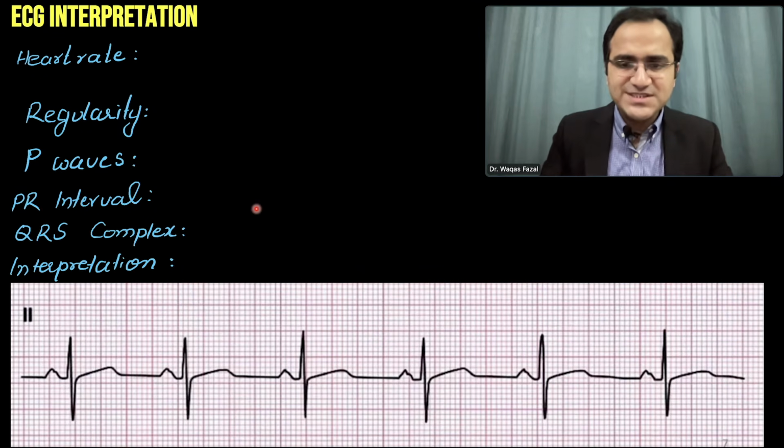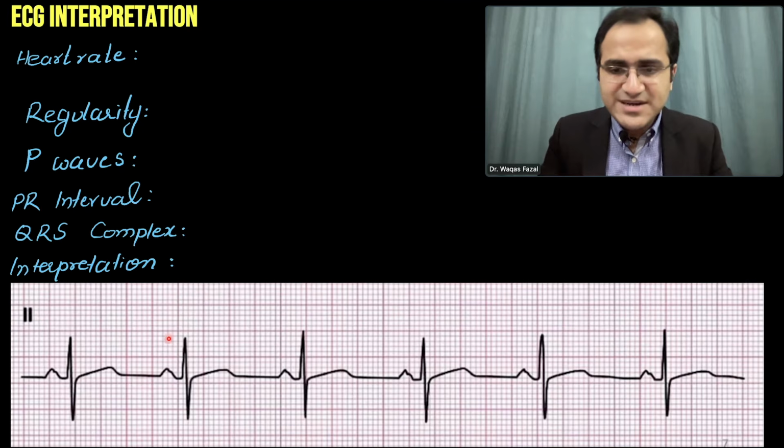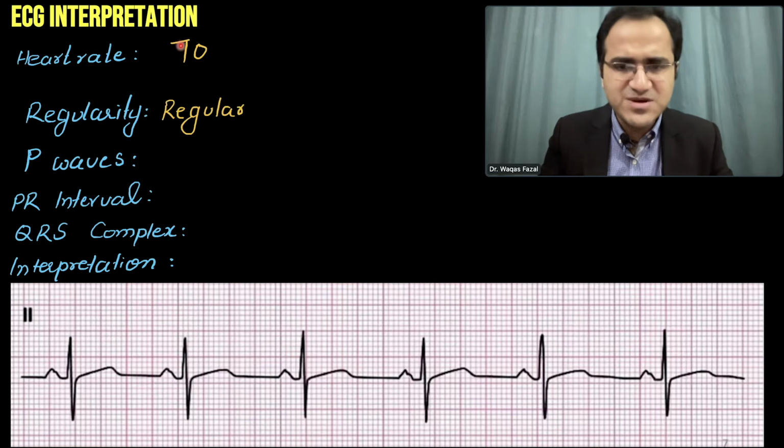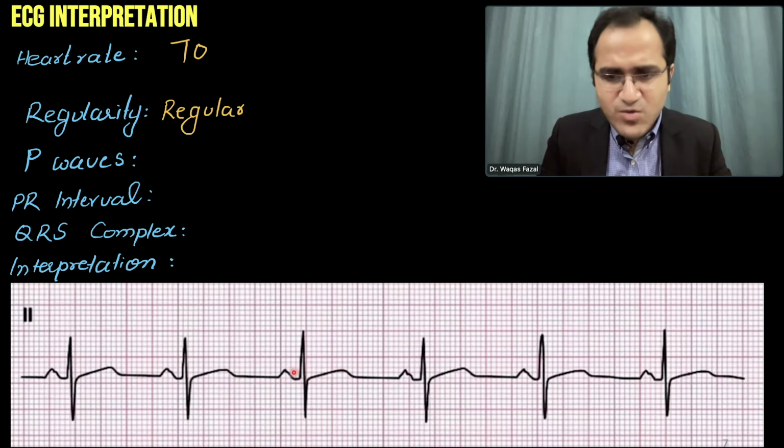Now let's solve this ECG. If you calculate the heart rate in this ECG, we have 1, 2, 3, 4, slightly more than 4. So the heart rate is 70 beats per minute and it is a regular ECG because the distance between the RR intervals is normal. Looking at the P wave, we have a round, upright P wave with 2 small boxes.